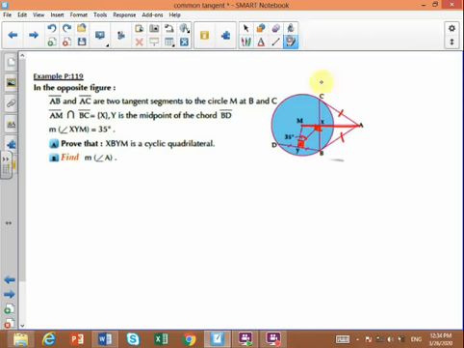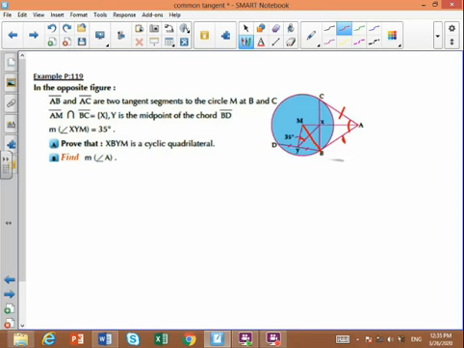Next, I want to find by proof measure angle A. Here I couldn't prove it unless I do a construction, this one, to get another angle. From this construction, I found that measure angle XBM, this is the only measure I have, will be equal to what?